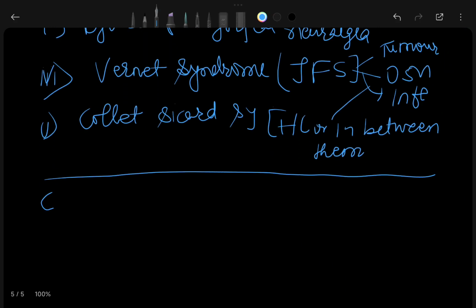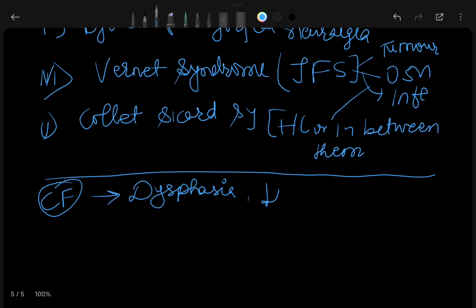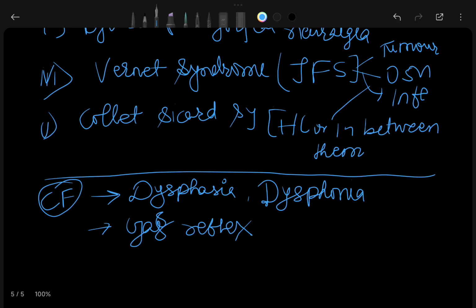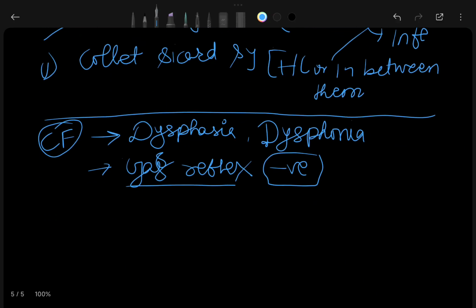So what will be the clinical features in these conditions? Mainly there will be dysphagia, because cranial nerve 9 is damaged, and dysphonia, and the gag reflex will be absent. Do you know about the gag reflex? Actually, this is a reflex to check the vagus and glossopharyngeal nerves.